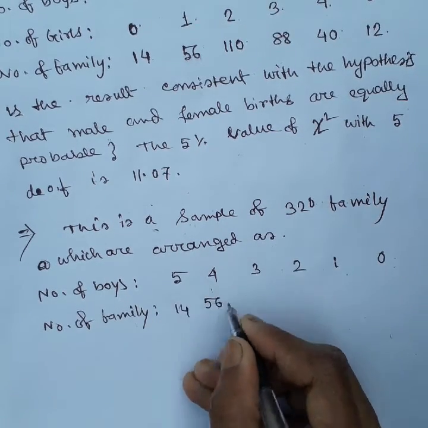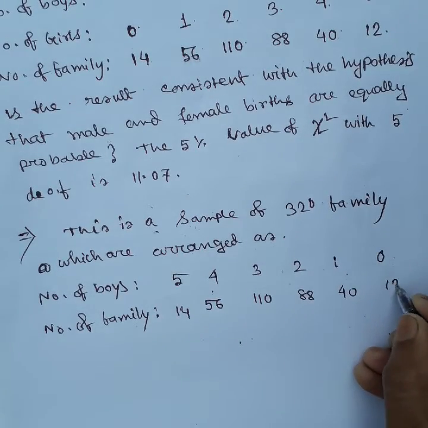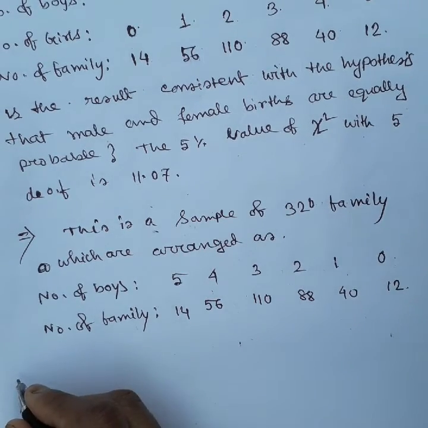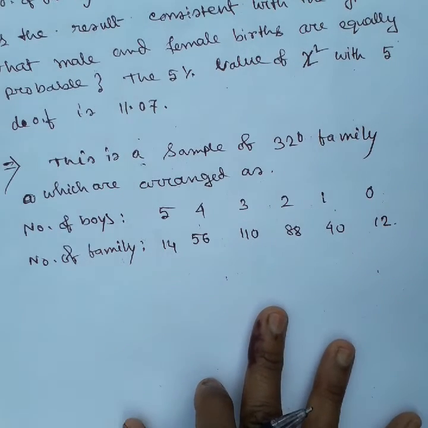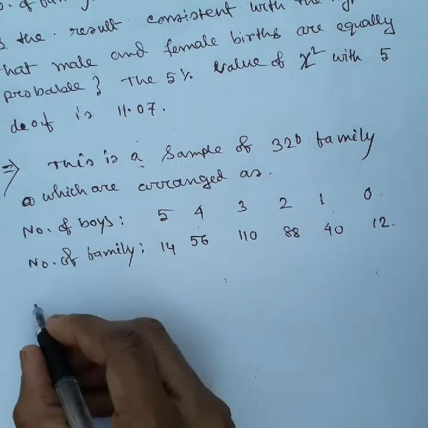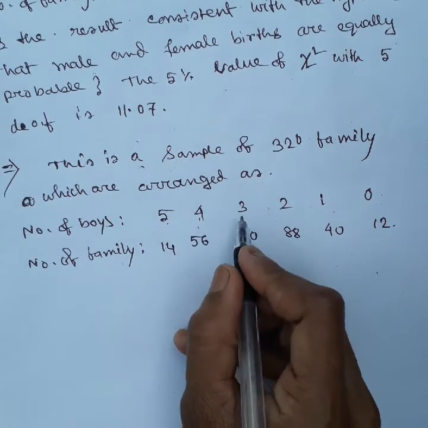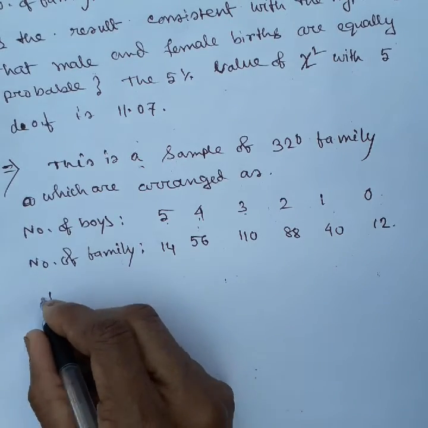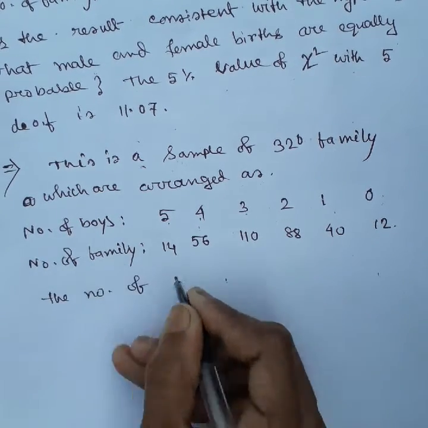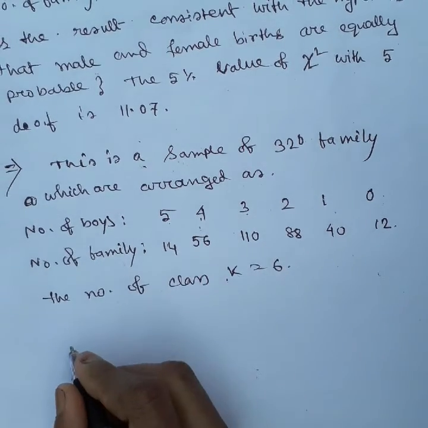Okay, 14, 56, 110, 88, 40 and 12. So here we think the family of 5 boys, a family with 4 boys, as the classes. Okay, so this is one class, this is one class, this is another class, this is another class. Okay, so the number of classes here, k, is equal to 6.